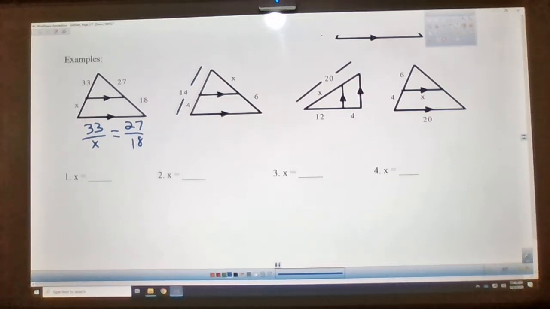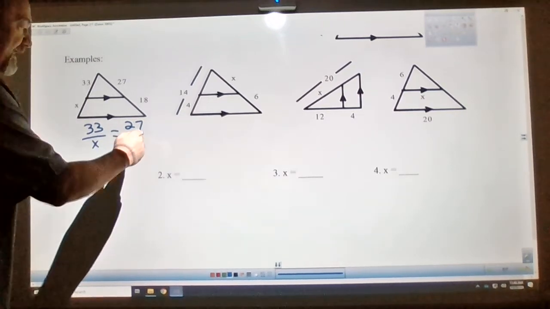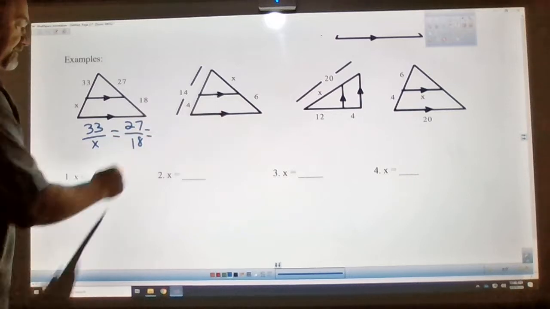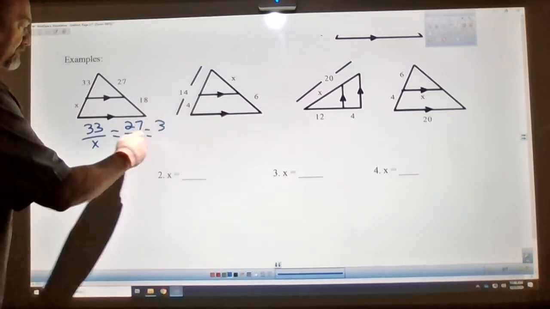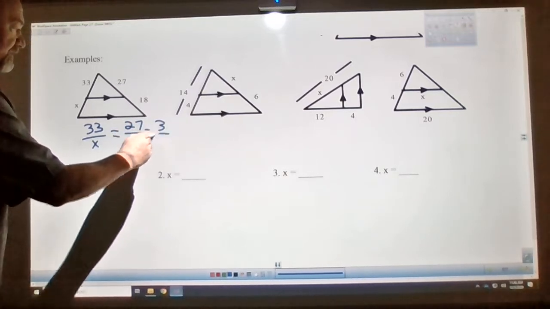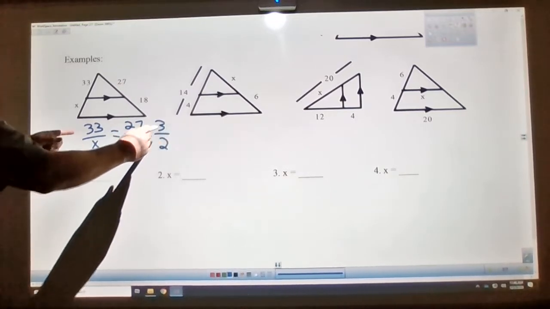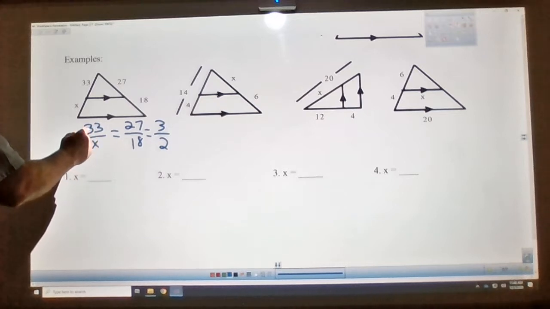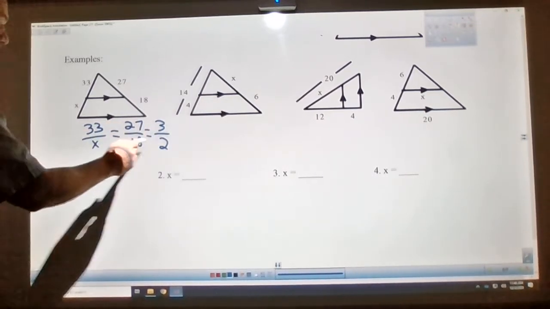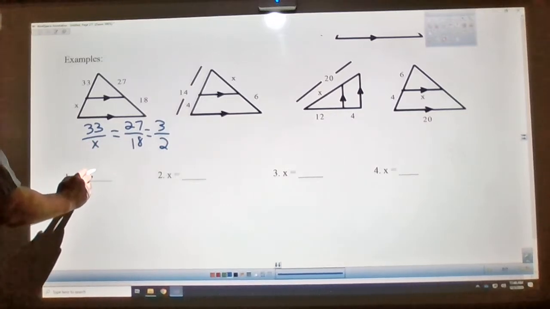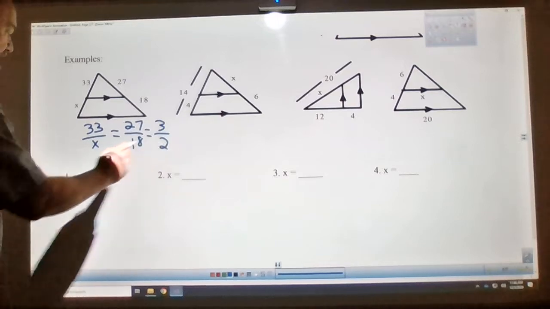Still, the best way to do this is to reduce the fraction, which makes this 27 over 18, 9 goes into 27 3 times, over 2. So 3, you have to multiply 3 by 11 to get 33. So then X has to be 2 times 11 is 22.